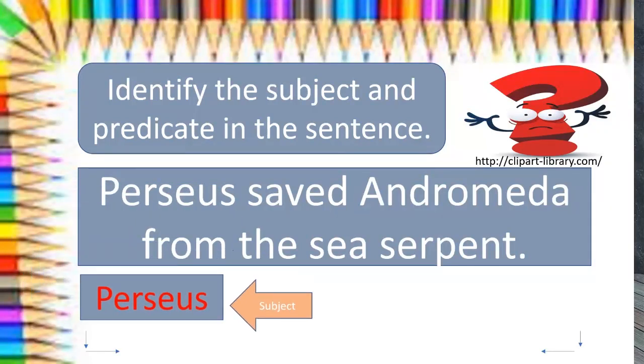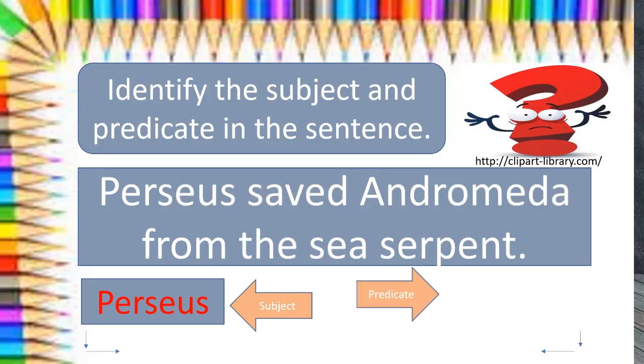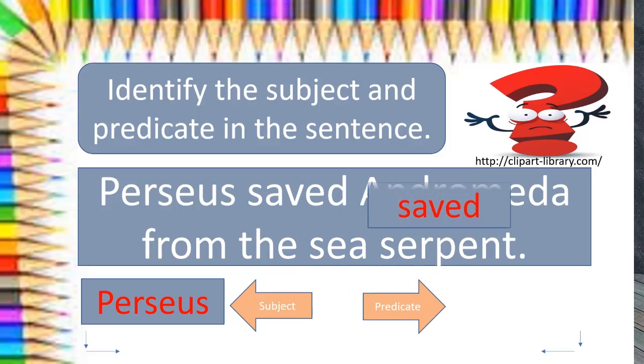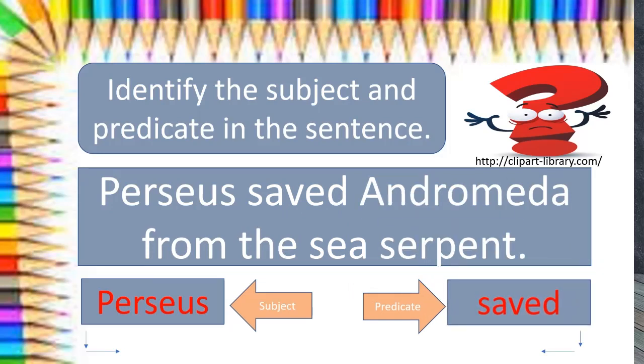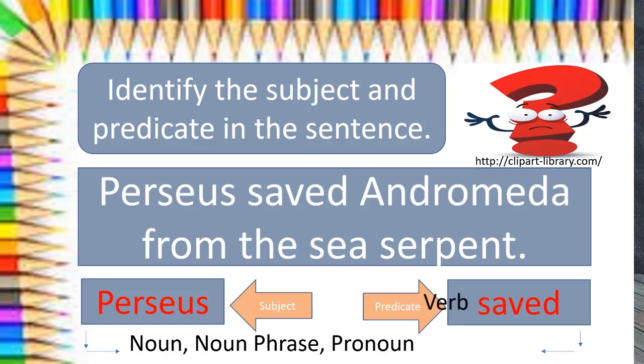Yes, you are right, it's Perseus. How about the predicate? The predicate is the word saved. The subject usually is the noun phrase, or the pronoun.